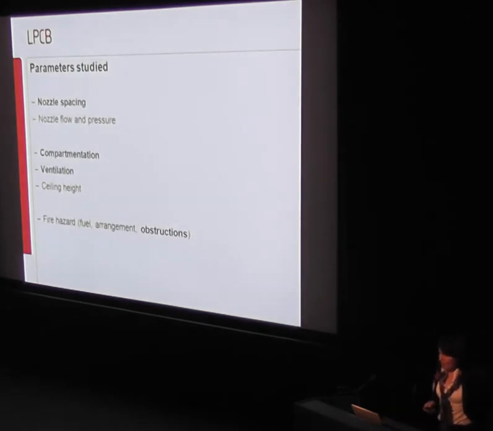So we looked at different parameters. I don't know how much you know about the water mist industry, but the water mist is very much manufacturer owned. So manufacturers understand their own products, they've done a lot of testing to understand their limitations, and the industry works on the basis that you have to prove that you can control a certain fire type.